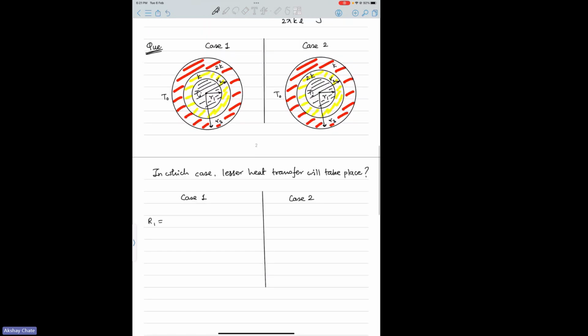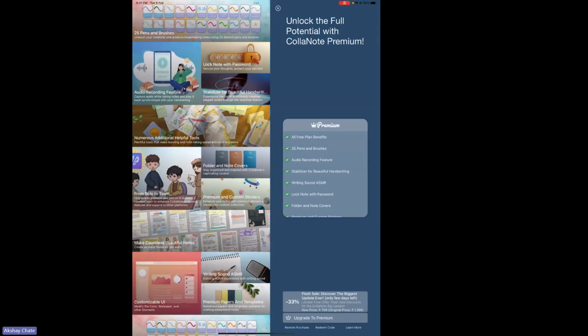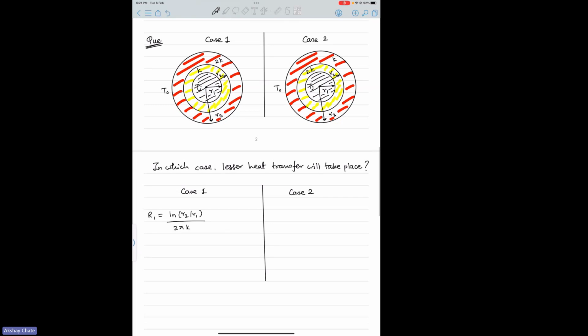As we have seen here, it is ln R2 by R1 divided by 2 pi k L, and then there will be ln R3 by R2 divided by 2 pi, and now the k will be 2k, into L. The length is the same. So this will be your total resistance.